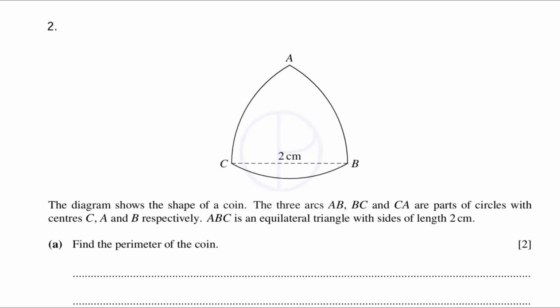So now the side CB is given as 2. And it's given ABC is an equilateral triangle. So if you join A and C, B and A, this will be 2 cm and this is also 2 cm, and this angle is pi over 3.